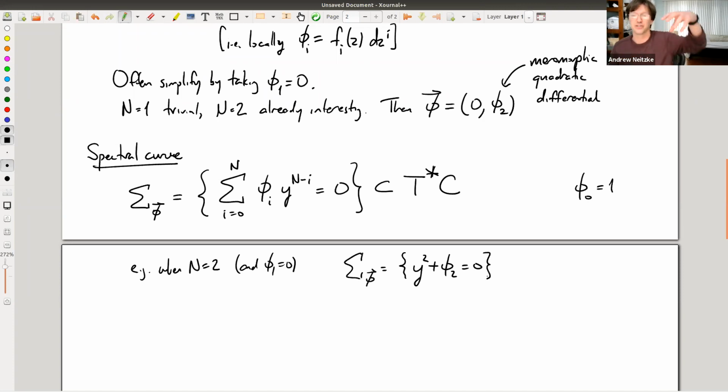So it's the Riemann surface of the square root of your quadratic differential. Generically it would have two sheets, which are just the two square roots of that quadratic differential. The square roots of a quadratic differential are naturally cotangent vectors, and so that's why this thing lives in the cotangent bundle. So it's a similar thing in general.